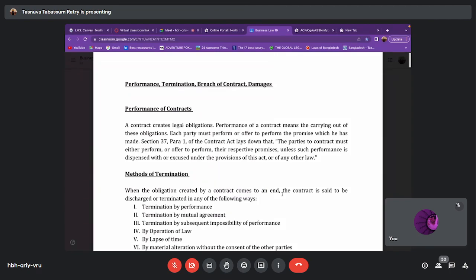So we have seen that in the last class we finished free consent. We saw that there are five ways in which the contract, if it is caused by any of the situations, becomes either voidable or void. We now know the difference between void and voidable. I've also given you the chapter to study for better clarification of the difference between void and voidable contracts.